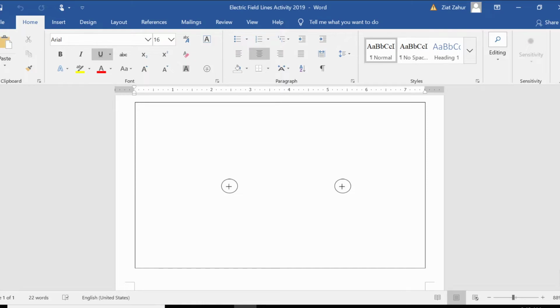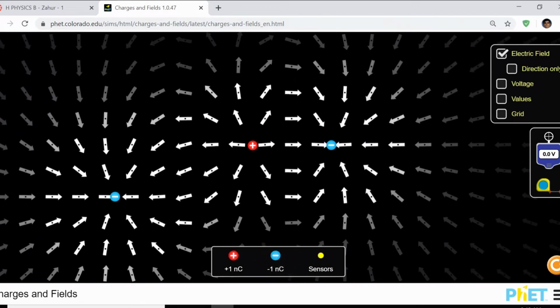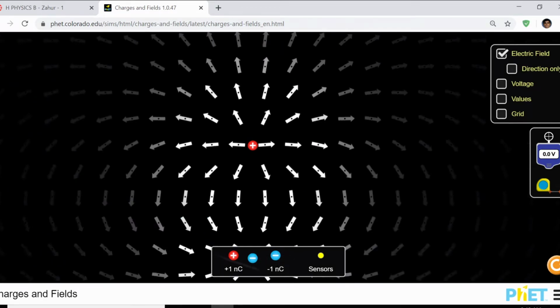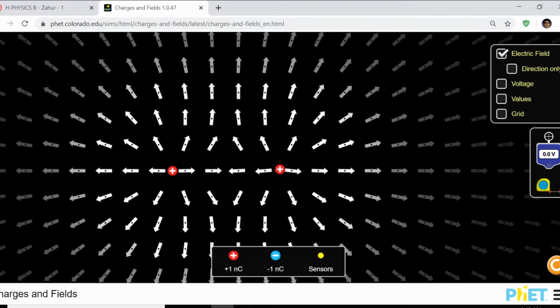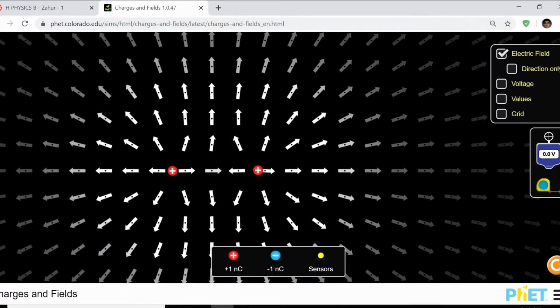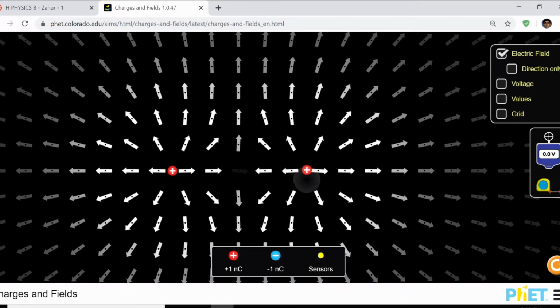All right. The plus and plus will repel each other. So if I go to my simulator, let's put these charges away. We'll put this plus charge here, and put another plus charge here, and it's not very good, is it? That's good enough.